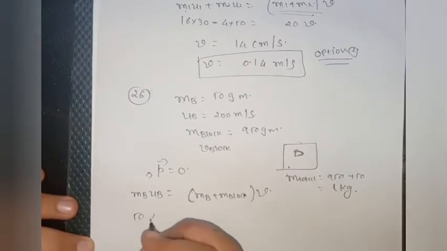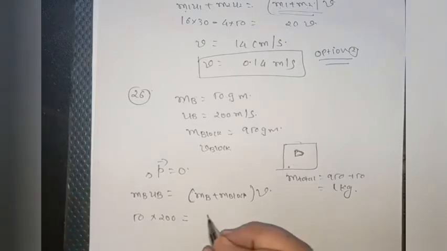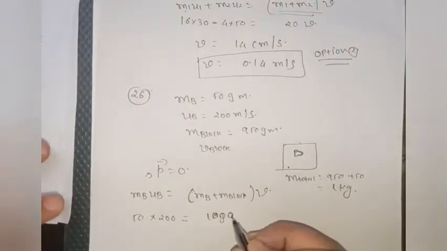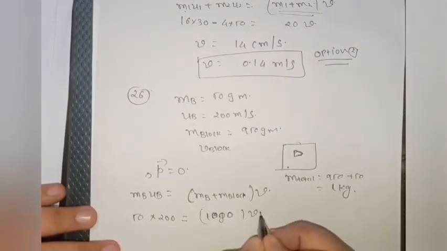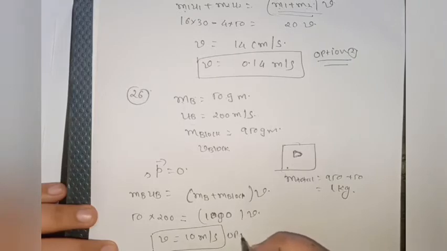Put these values: 50 into 200 is equal to total mass 1 kg, that is 1000 gram, into velocity v. So v will be 10 meter per second. So option 2 is the correct option.